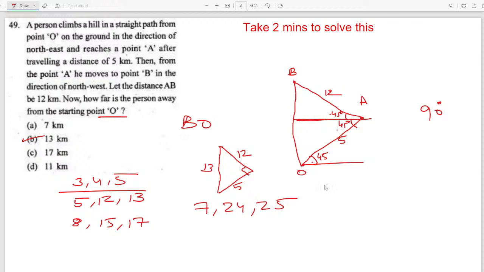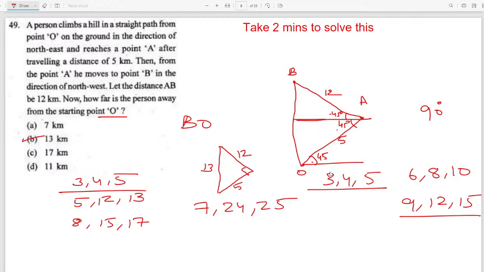For example, if you take 3, 4, 5 and multiply by 2, it becomes 6, 8, and 10. You multiply by 3, it will be 9, 12, and 15. So if you multiply these by 1, 2, 3, 4 like that, you would get different Pythagorean triplets. So at least remember these 4, that you can multiply and get the others.